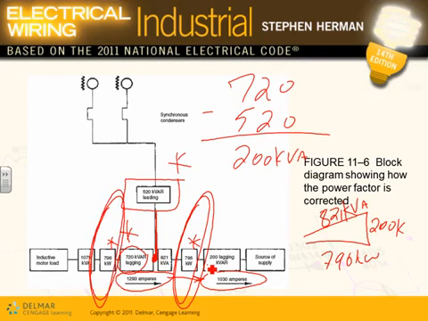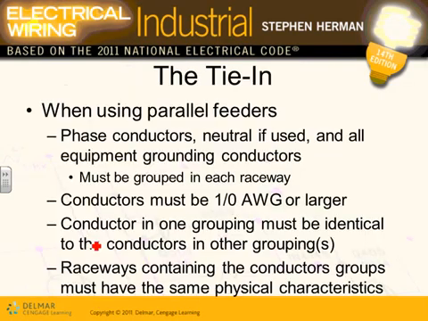The only thing that changes is the VAR. The VAR here was 720, it becomes 200, and because the VAR changes, the kVA also changes, because they are in the same equation. So that's the concept of correcting power factor.